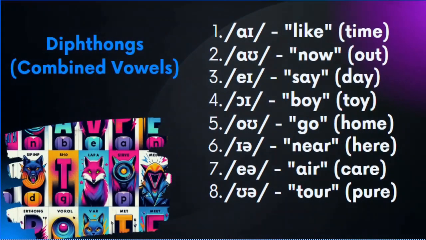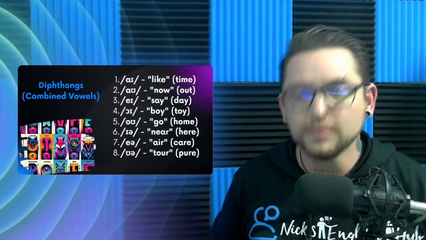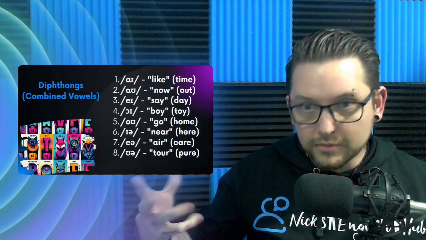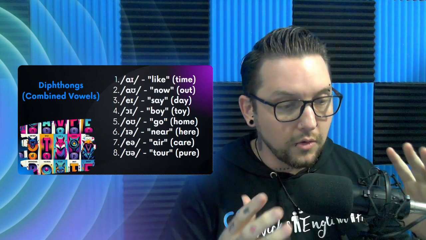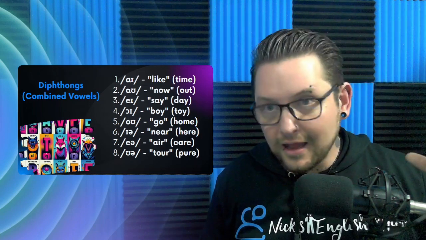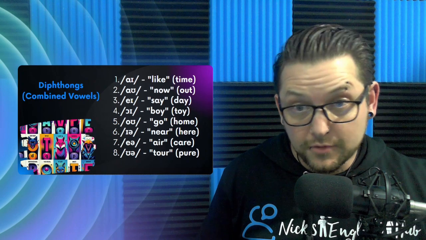We're also going to talk about diphthongs, right? Diphthongs are 2 combined vowels. We also have hard vowels or long vowels. They have different names. Long or hard vowels, which sound just like the letter A, E, I, O, U. These typically are diphthongs.